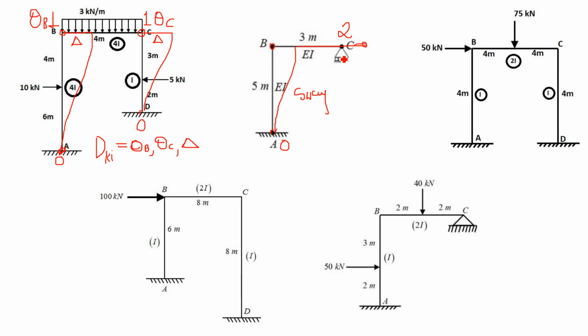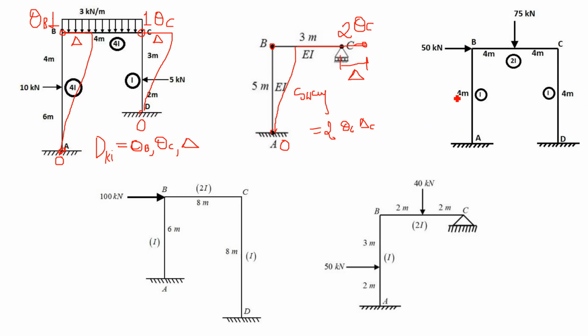This point C will move horizontally if it is a sway frame, and that's why at the roller support the unknowns are 2. One is rotation, that is theta C, and one is delta, called sway. So DKI of this frame is 2, that is theta C and delta, or delta C you can write.